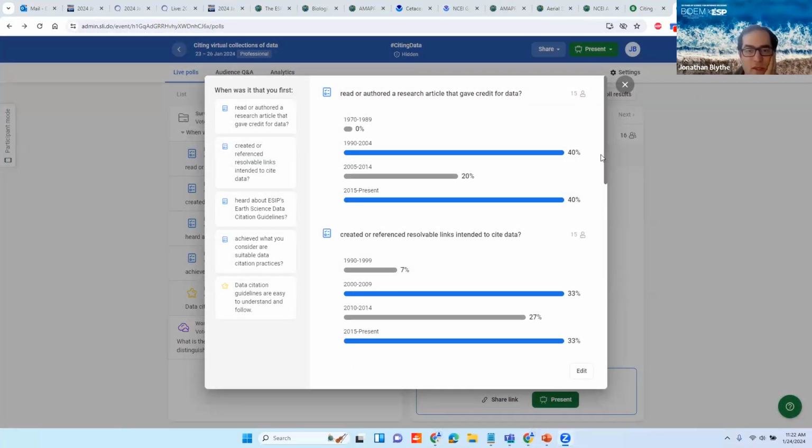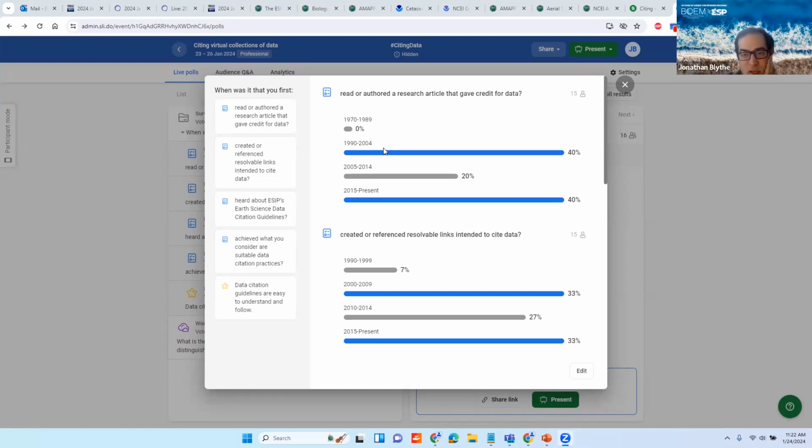All right, so this first question is, when was it first you read or authored a research article that gave credit to data? I picked a 15-year span because this is like early years in the 90s, early 2000s.